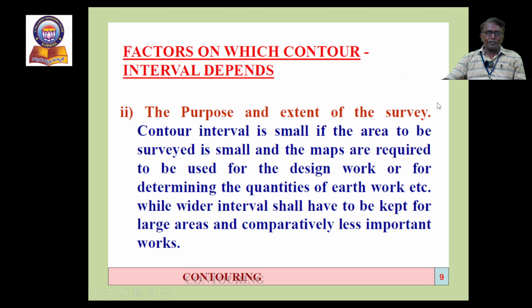The purpose and extent of the survey. A contour interval is small if the area to be surveyed is small, and the maps are required for design work or for determining the quantities of earthwork.